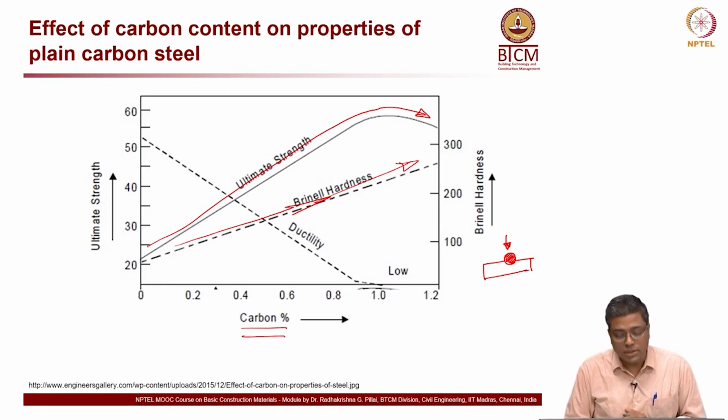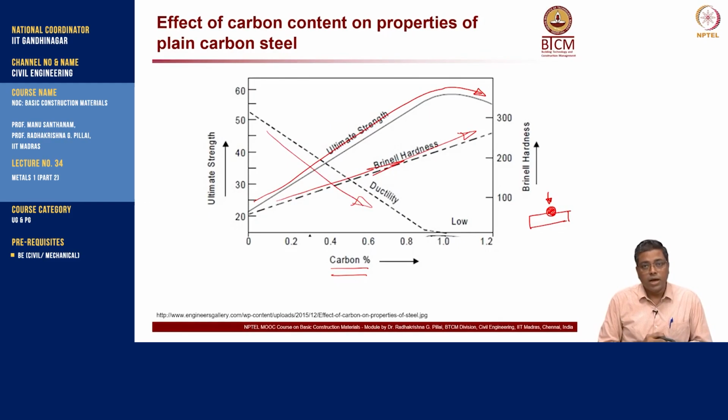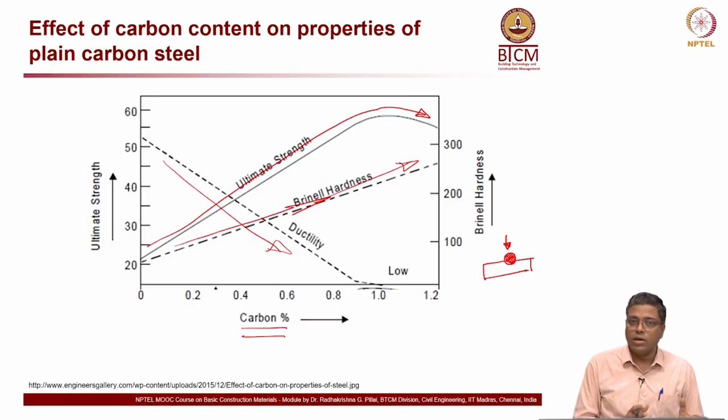Now, what about ductility? Ductility actually decreases. As the carbon content is increasing, ductility decreases, and after about 0.8 it does not have much of an influence, but you can see that ductility decreases. So, there is always this danger of not increasing the carbon content too much, because that will definitely increase the brittleness of the material, or decrease its ductility.